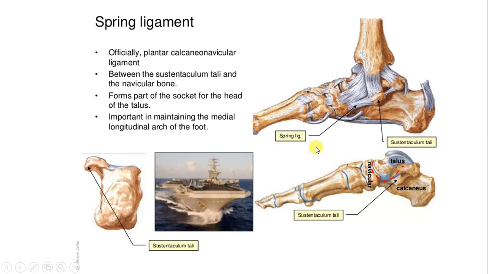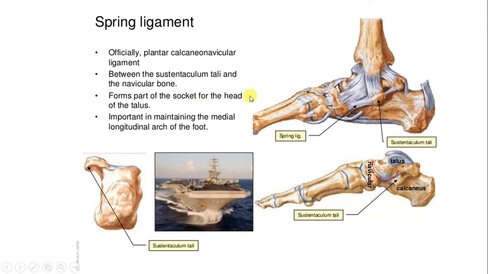See further, the spring ligament. Spring ligament means it has the ability to expand, or it acts with a spring-like action. Officially, it is the plantar calcaneonavicular ligament, between the sustentaculum tali and the navicular bone. Here is the sustentaculum tali, and here is the navicular bone, so here is the spring ligament.